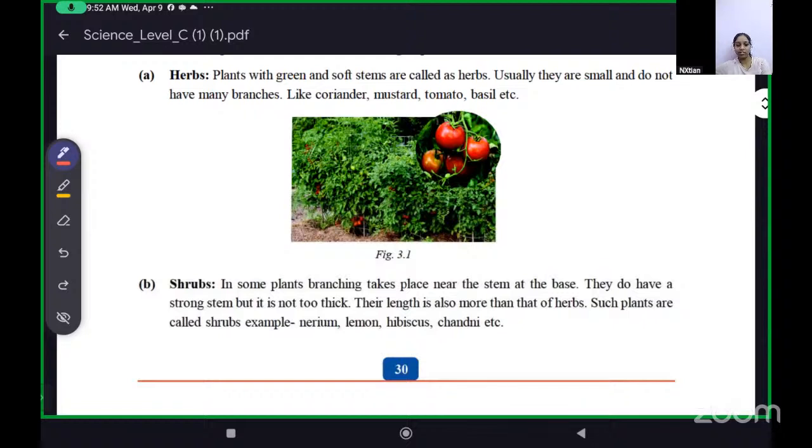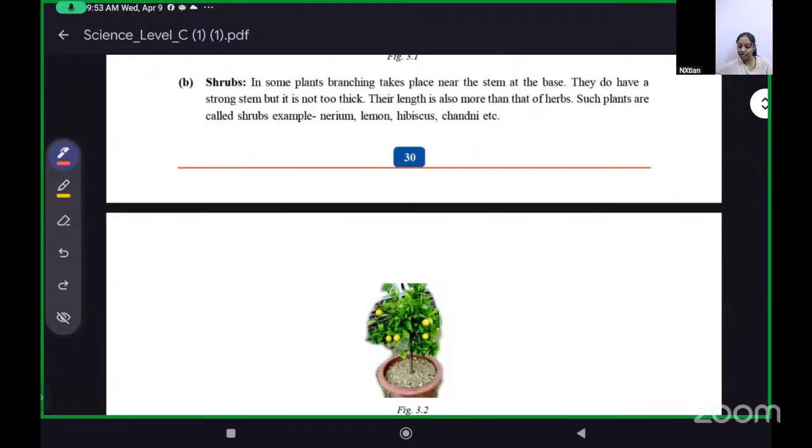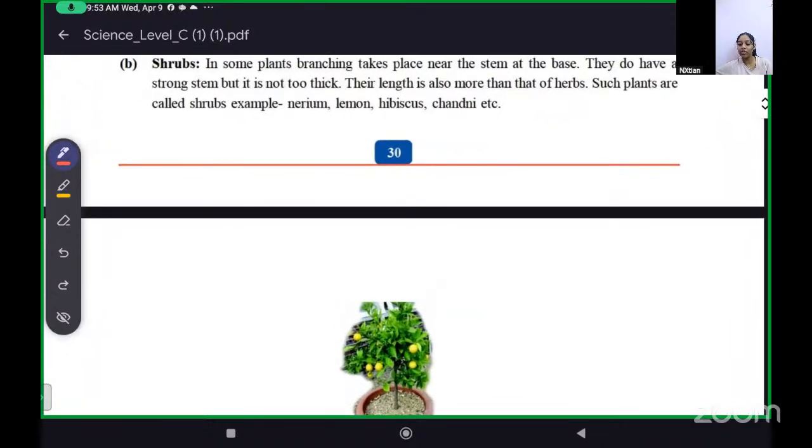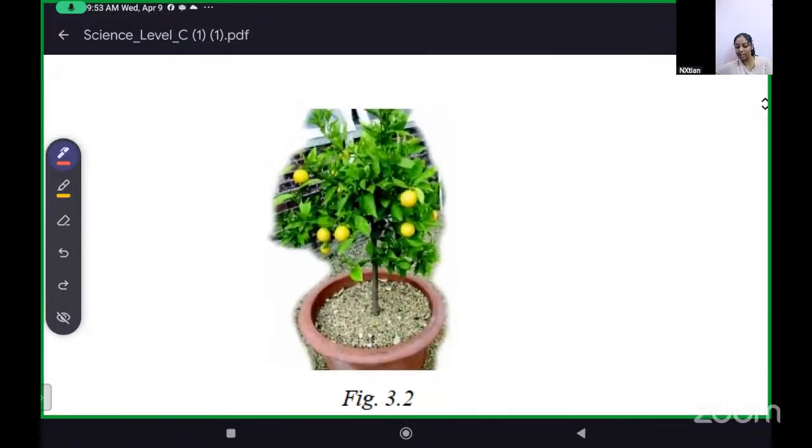Then we have shrubs. What are shrubs? In some plants, branching takes place near the stem at the base. They don't have a strong stem, but it's also not too thick. Their length is also more than that of herbs. Such plants are called shrubs. The lemon plant is an example.